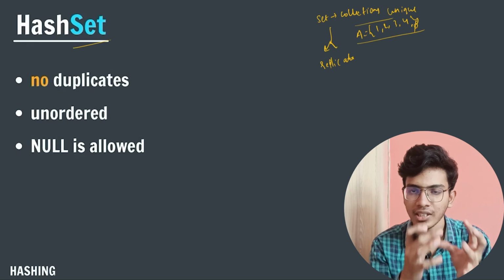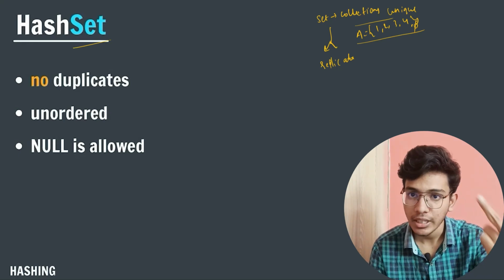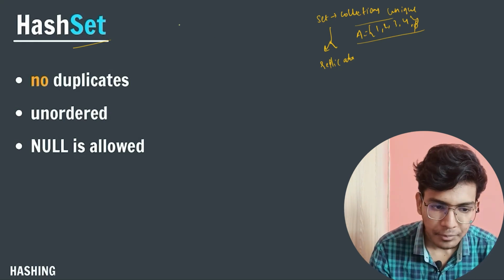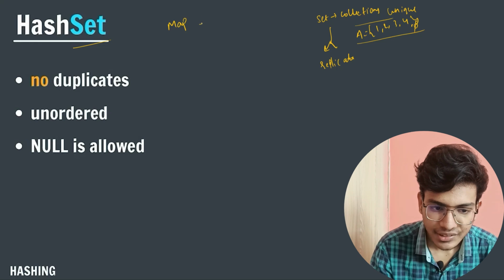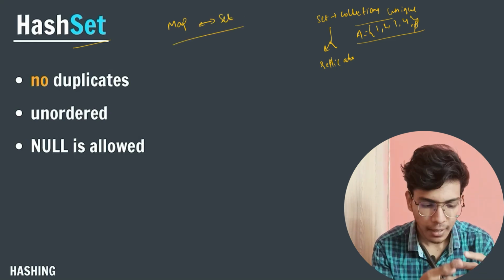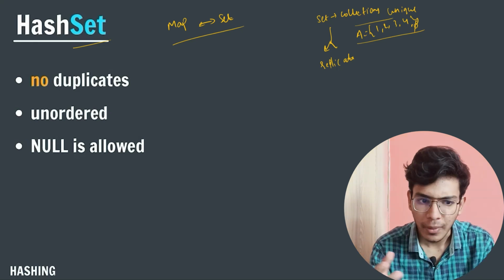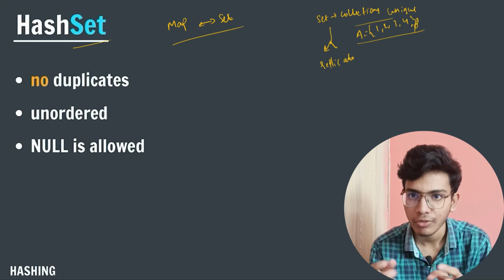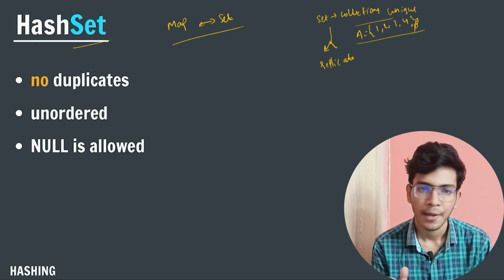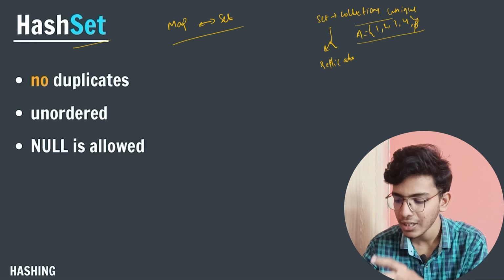In sets we have three different data structures: hash set, linked hash set, and tree set. One more thing you need to remember is that maps and sets are very similar to one another. The only difference between a map and a set is that in a map we use a key value pair to store data, whereas in a set we don't use any key value pair, we just store the key directly. So a hash map is very similar to a hash set.